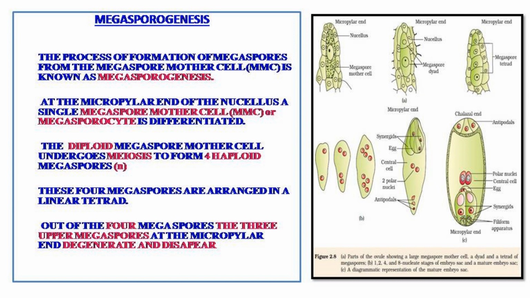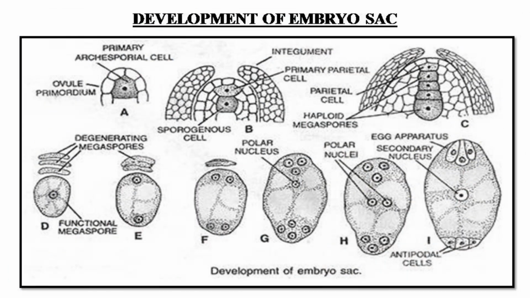Now after that, we are moving into the formation of the female gametophyte or the embryo sac and their arrangement. Now, please observe the diagram, that is the development of embryo sac.